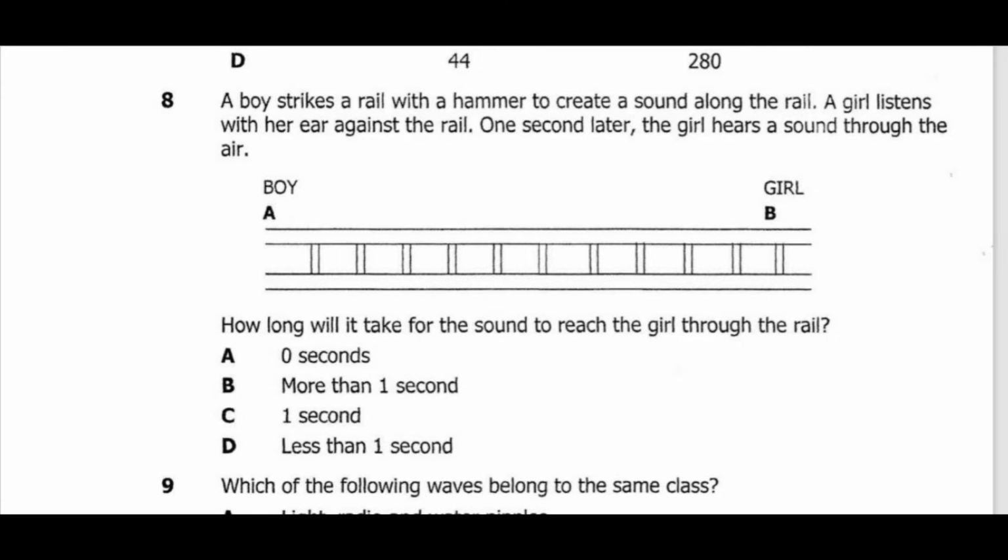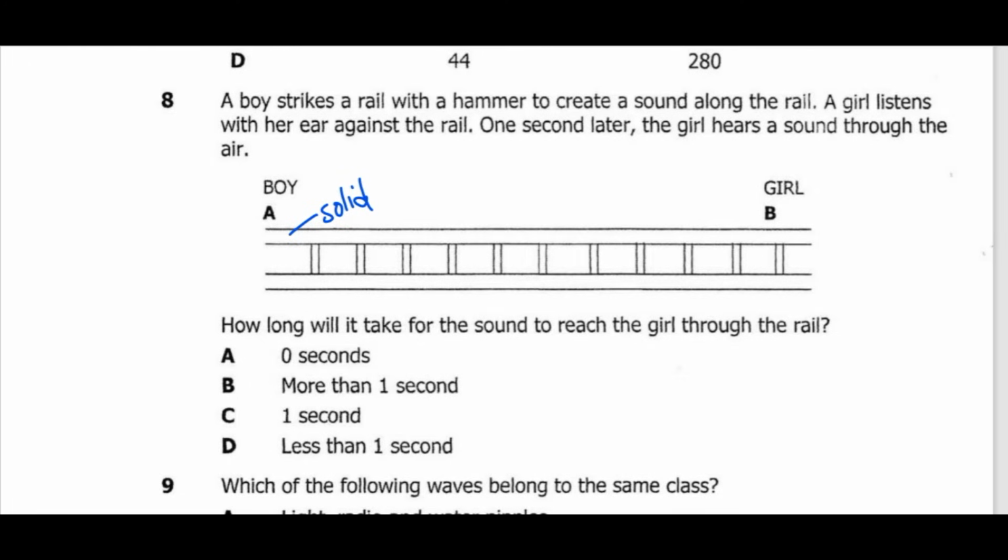Now remember, if you look at the nature of particles in gases, we know that the particles in gases are far apart. Now if you look at a rail, it is a solid, and particles in solid substances are closely packed, and the speed of sound depends on the arrangement of particles. So the closer the particles are to each other, the greater the speed of sound.